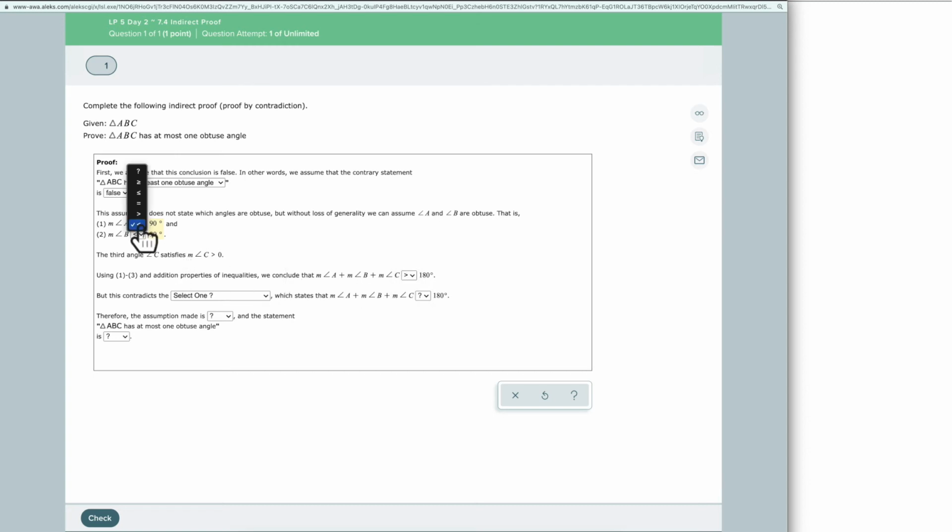Oops, I meant greater than; I picked less than. Silly me. So they'd have to be greater than 180 degrees because 90 plus 90 is already 180, and we're saying that they're greater than 90s. So we have more than 180 degrees.